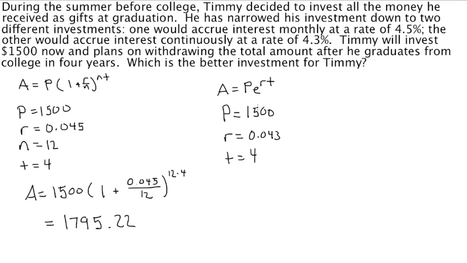You don't need to remember what the value of e is. So we punch this in: A equals 1,500 times e to the 0.043 times 4. And when we put that into our calculator, we get back 1,781.516, so we're going to round that 1 up to 2.